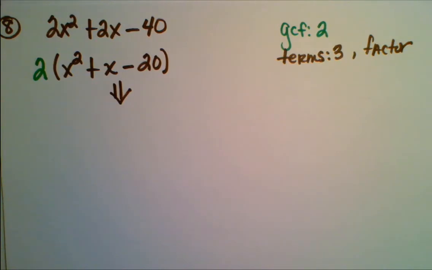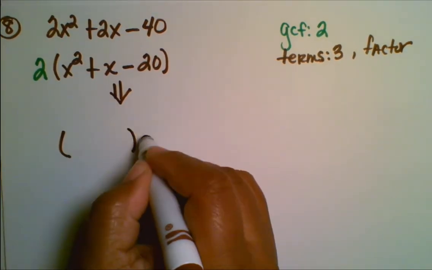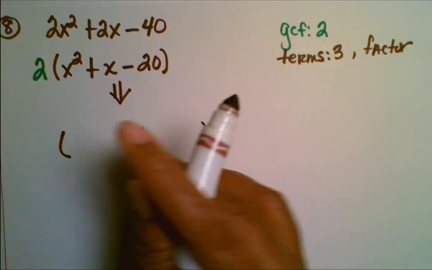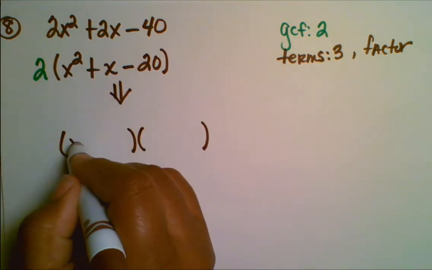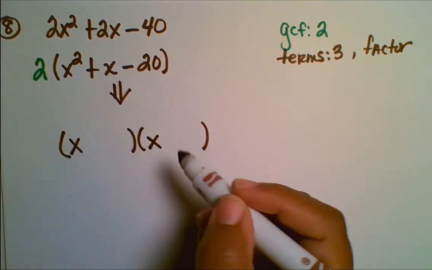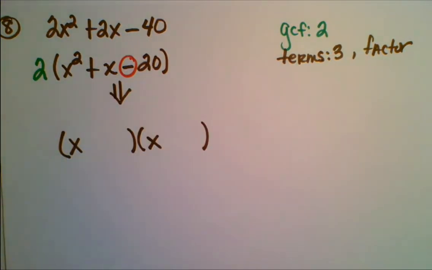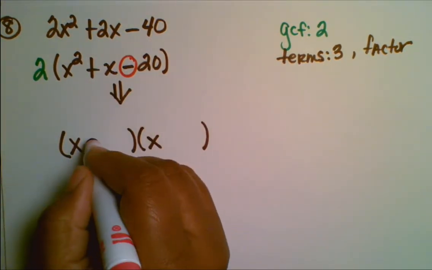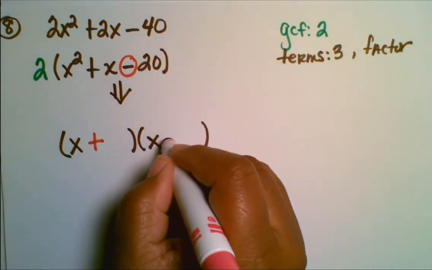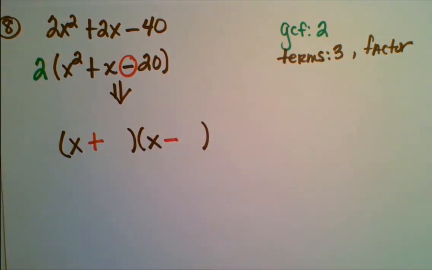All right, so let's set up our template. Fill in the variables, x and x. Sign of the last term, let's place the signs there. Sign of the last term is negative. So that means our signs are going to be different in the parentheses. One must be positive, one must be negative.